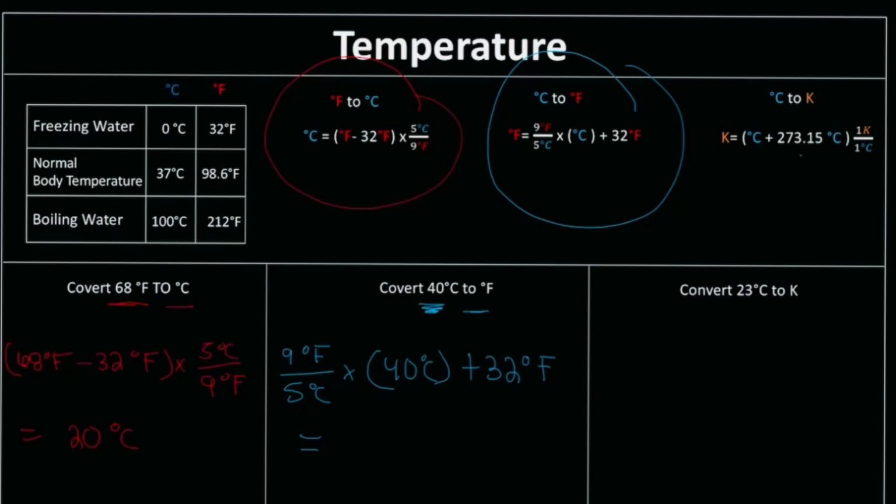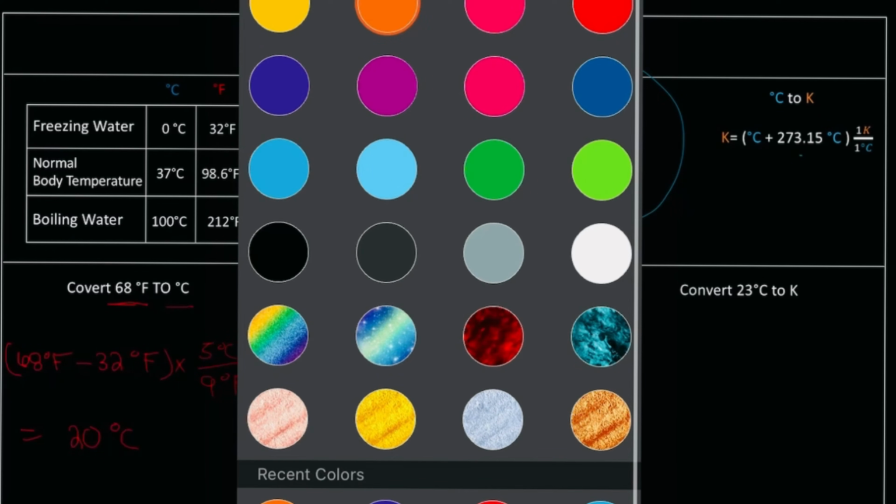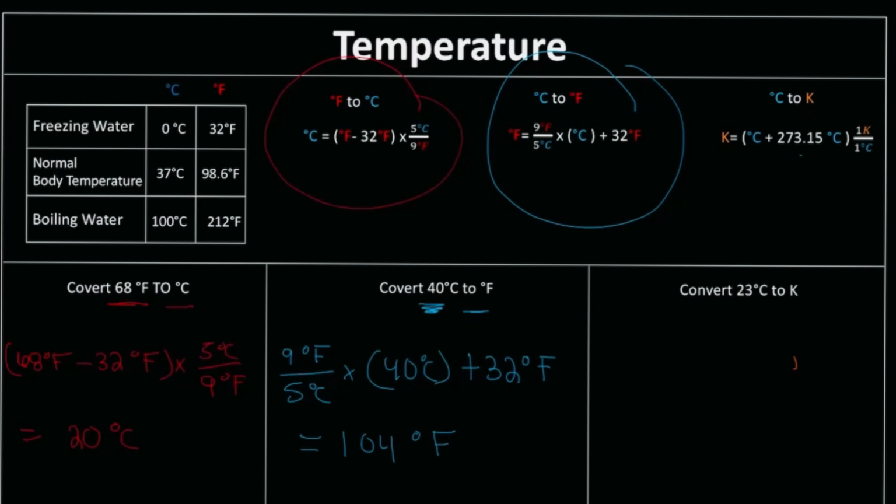Next we have convert 23 Celsius to Kelvin. We use the formula that I'm about to circle.